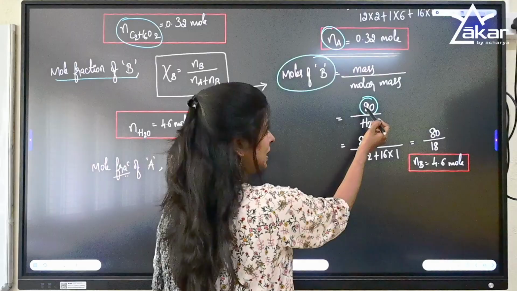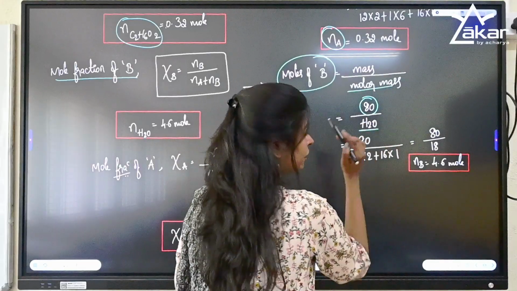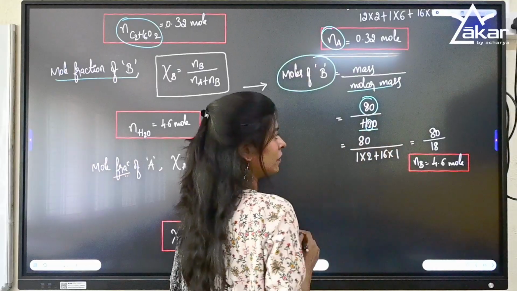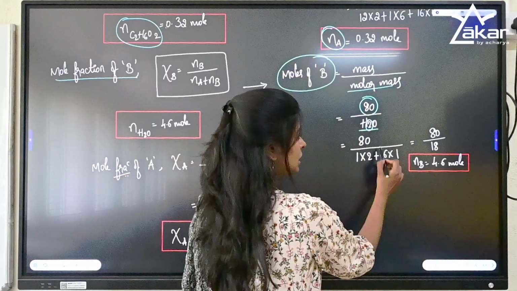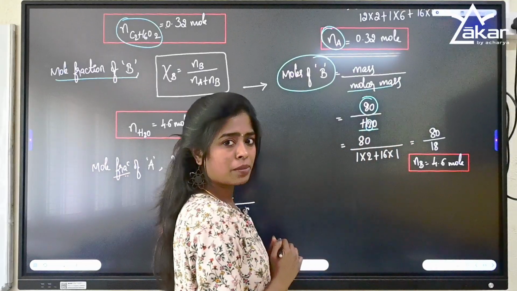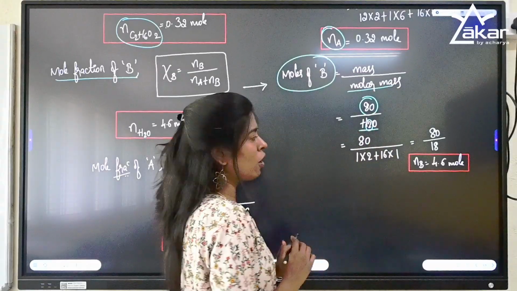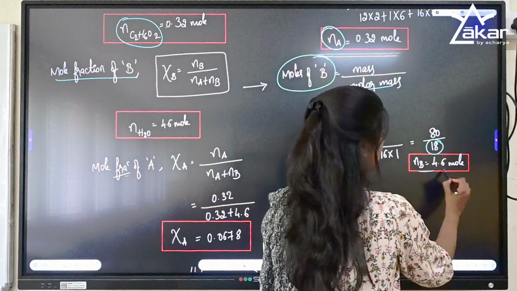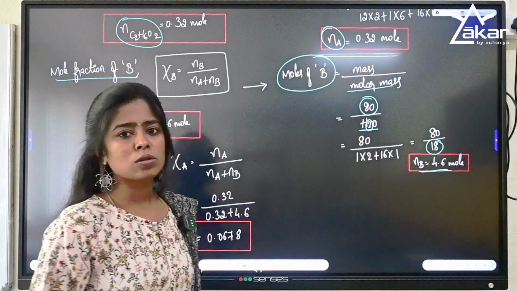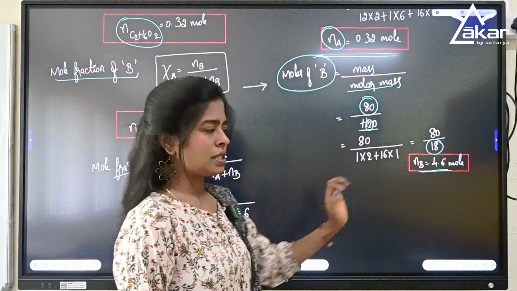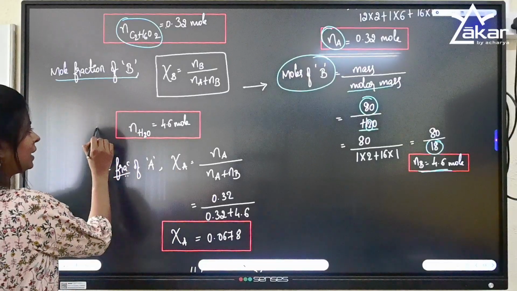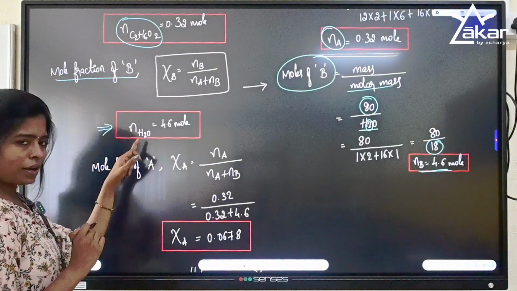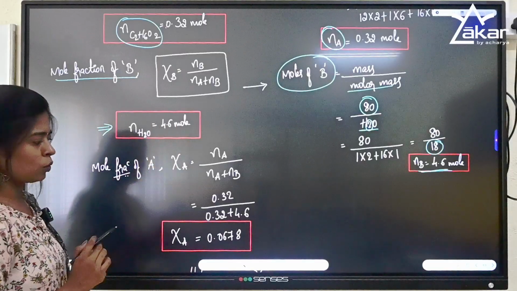Molar mass of water we know how to calculate. Hydrogen mass is 1, and they have given 2 hydrogens, plus 16 is the mass number of oxygen, into only one oxygen, so 16 into 1. 80 by 18, if you divide, you will get number of moles of B as 4.6 moles. So that is what I am writing here: number of moles of B, or number of moles of water, is equal to 4.6 moles.